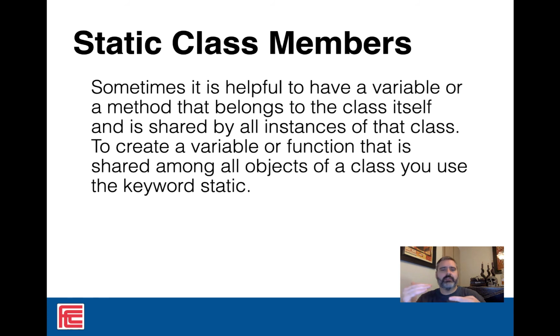So I can say, Buster Posey, catcher, San Francisco Giants. But at the same time, there may be some things that I don't want to store in every single object, right? Because all three of those things, we sort of drilled home last week that every single object you create gets those three variables. They're going to have slots available so that you can put in custom values for every single member of a baseball class, baseball player, sorry.